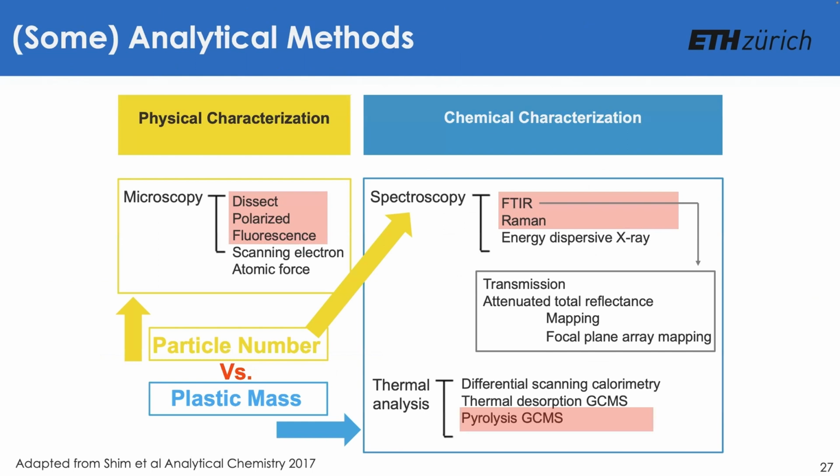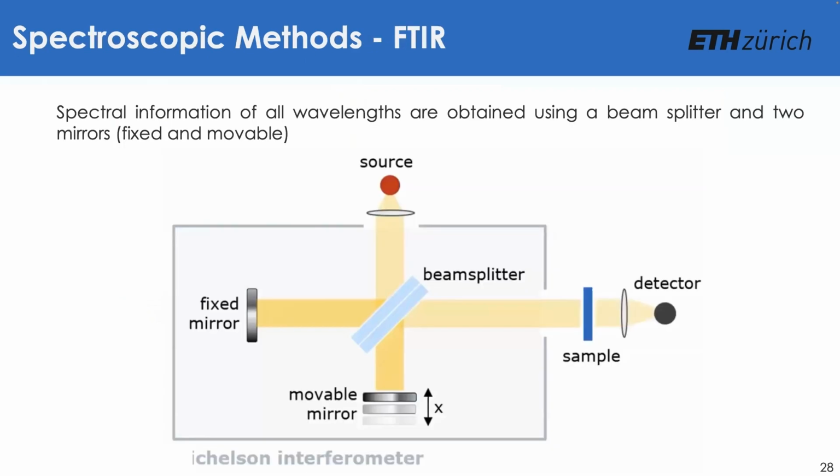So when we start to look again at these analytical methods, which are typically used, the next one we can look at here is the spectroscopy, especially FTIR, which is coupled with microscopy, is what is typically used most in the field today. So when we look at FTIR, we have a source that is put into the machine, and then the sample can be excited by this source to be able to give us some further chemical information.